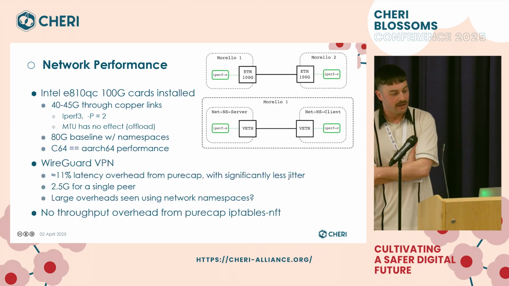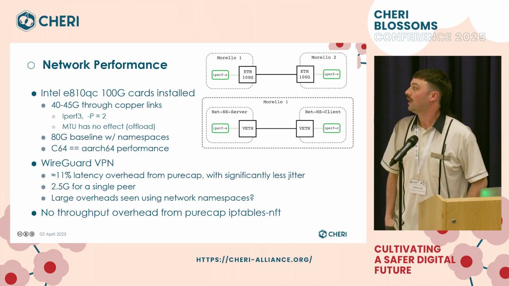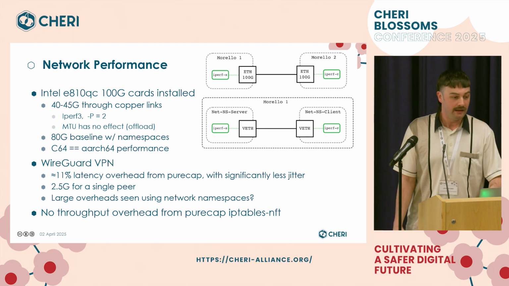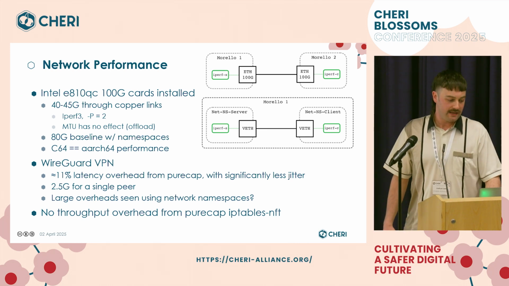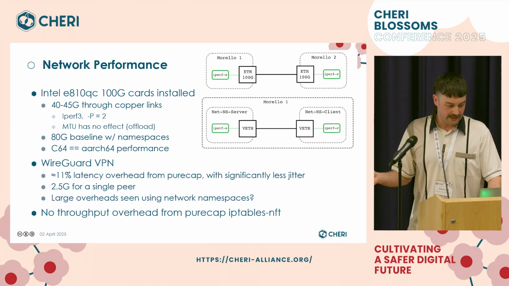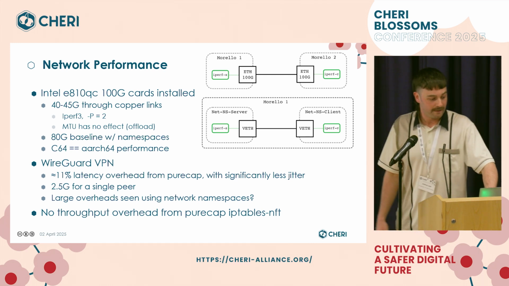But we got everything working and got a couple of Morellos set up, talking to each other, and we put 100 gig Intel NICs in there. There were no problems getting the NICs working on Linux Morello, really. There were some AArch64 related issues, but not Linux Morello related issues.